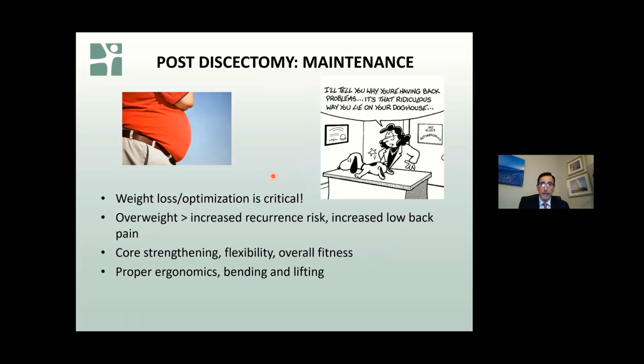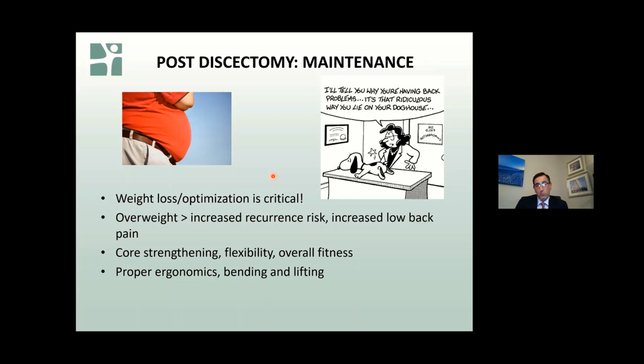So what do you do after you have a discectomy to prevent another problem? The most important thing is your weight. So if you're overweight, you've got to lose weight. You want your weight to be optimal. The more weight you carry, the more stress there is on your back. The more overweight you are, the higher the risk of recurrence of another herniation.